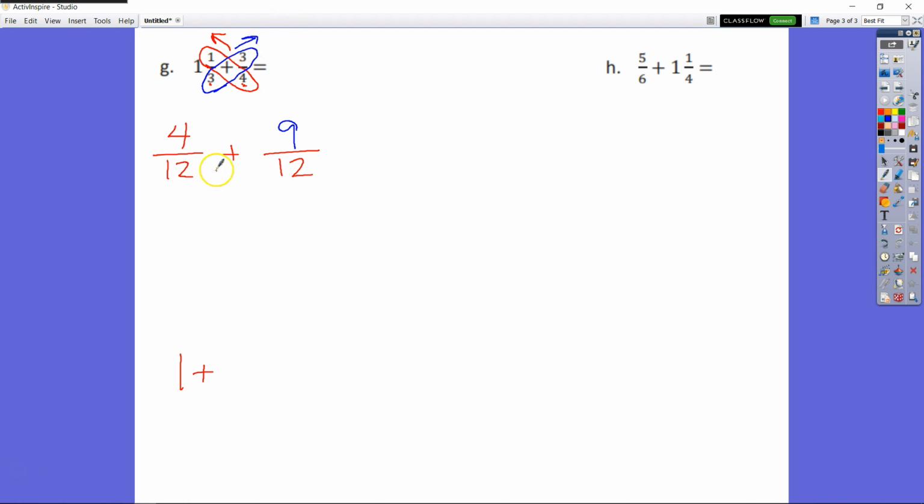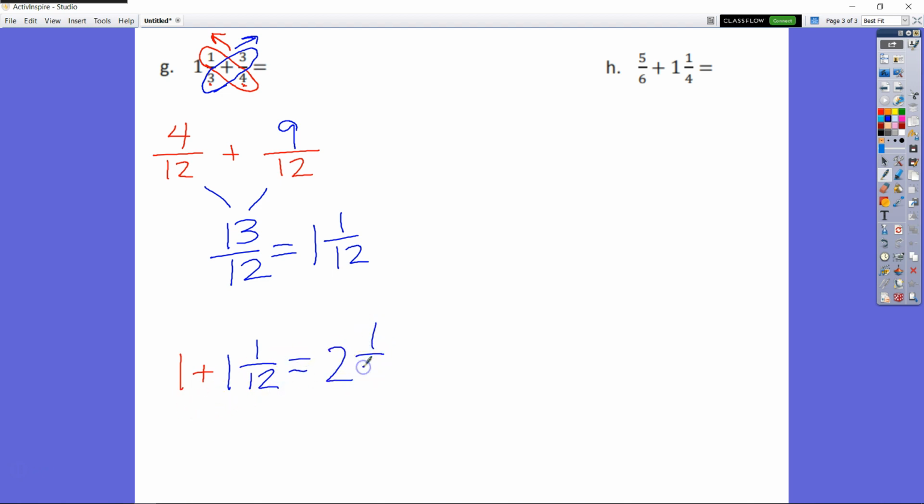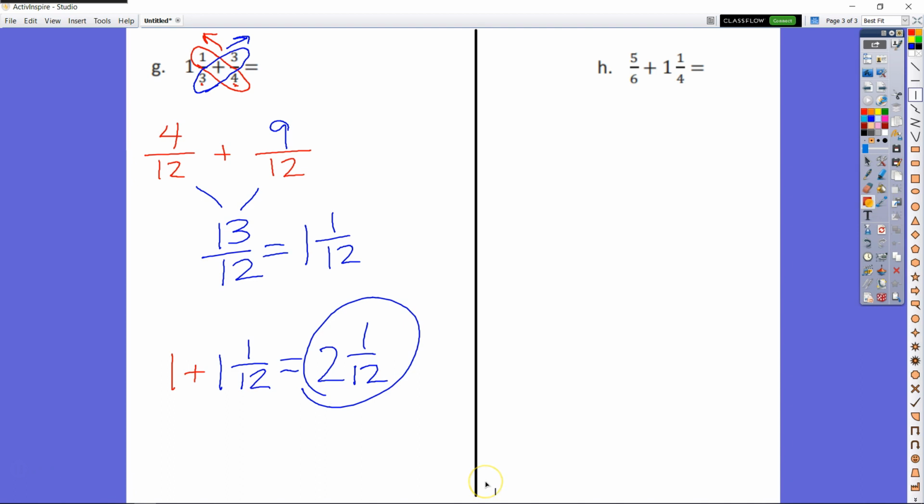Following that arrow, we say, well, 4/12 plus 9/12 is equal to 13/12. 13/12 is equal to 1 whole, because I can take out 12/12 to get a 1 whole, and I will have 1/12 remaining. So 1/12 plus 1 is equal to 2 and 1/12. That's your final answer.